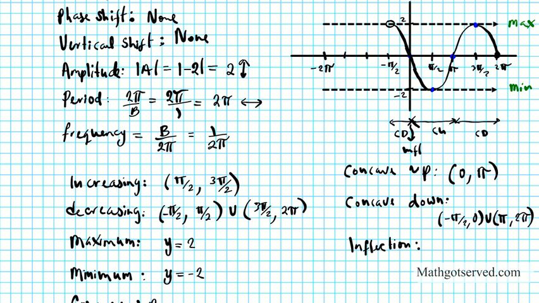And then this point also is another point of inflection, all right? So let's indicate those 2 points. The first one is x equals 0. And the second one is x equals pi. Okay, so those are 2 points of inflection. So there you have it.